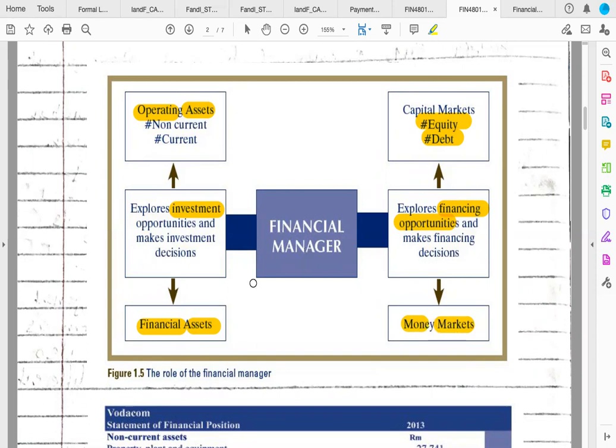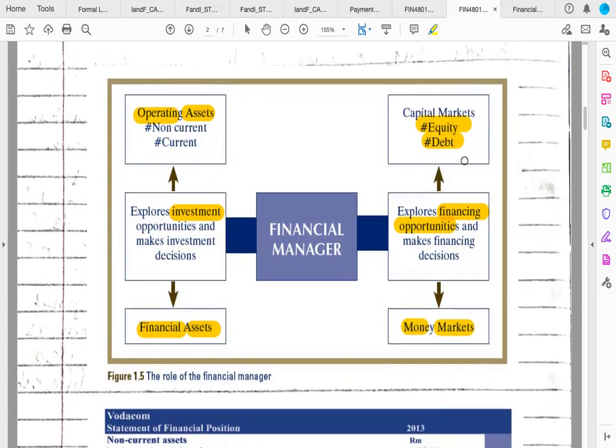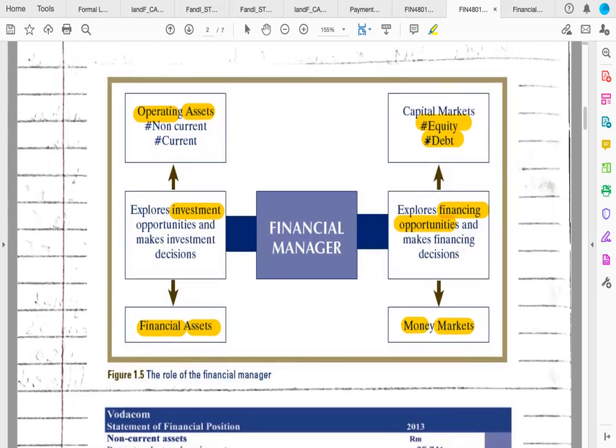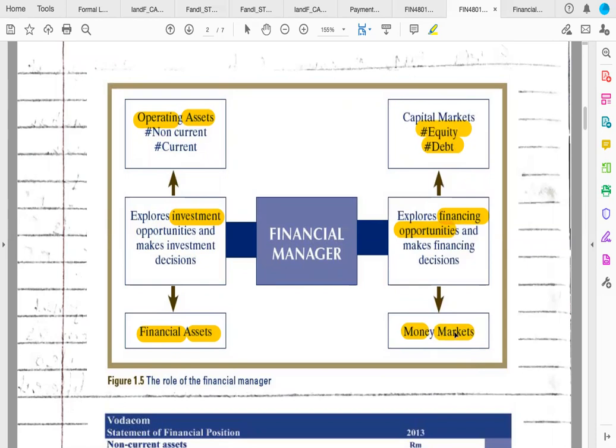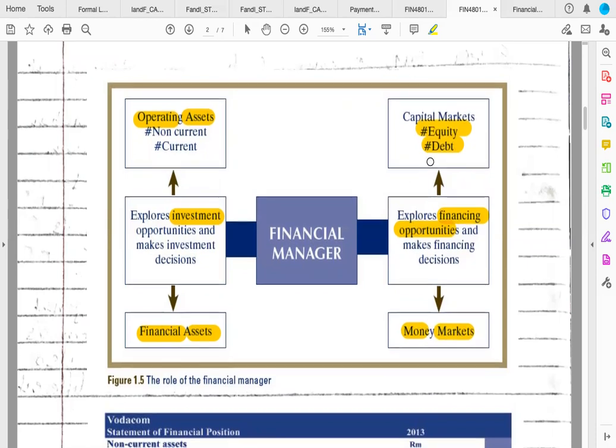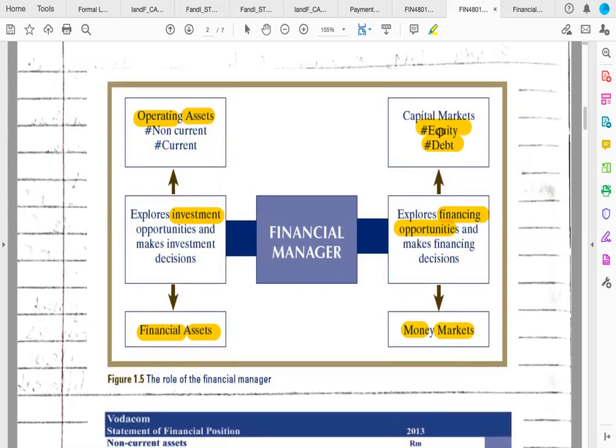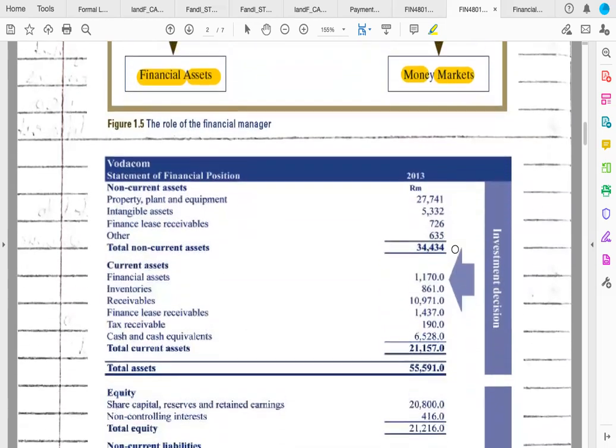So the financial assets the financial manager can invest in can also be sources of capital when the company is raising money. Remember, we said the company can invest in financial assets such as equity, debt, and even money market instruments. Likewise, when the company wants to raise money, they can raise money in capital markets through equity and debt, and also through money market instruments.